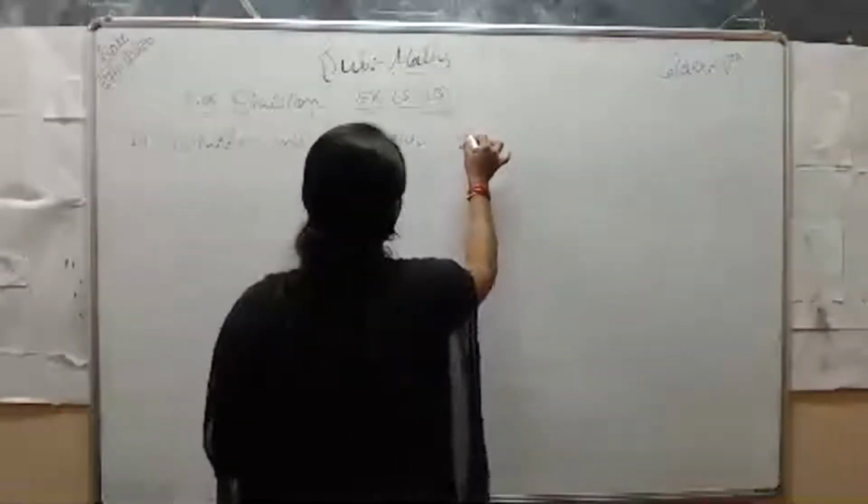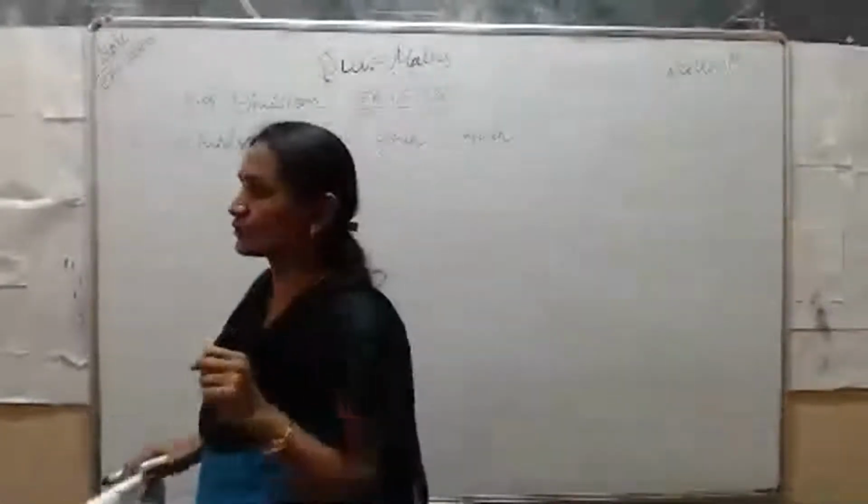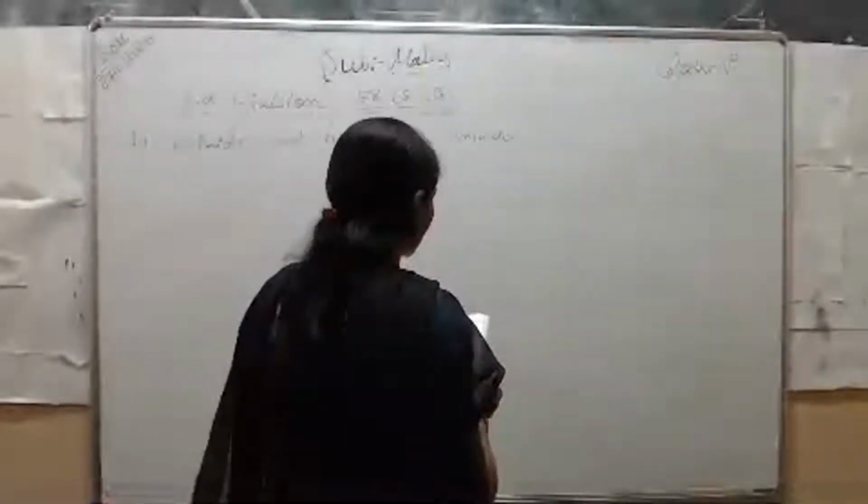First you have to divide, then check your answers using the formula: the dividend is equal to divisor into quotient plus remainder. So we check by two methods, using the formula.